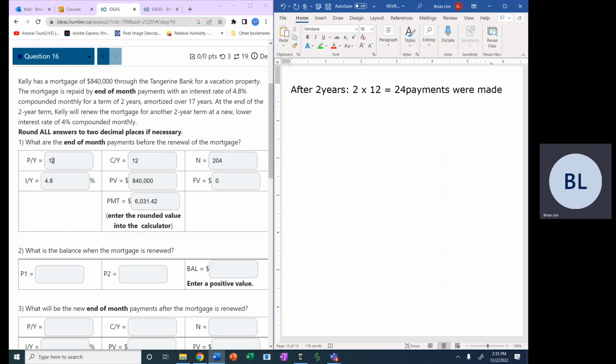Okay, the 24 payments were made. So it means that this P1 value should be 24. And this P2 value should also be 24, and then we can calculate the balance.